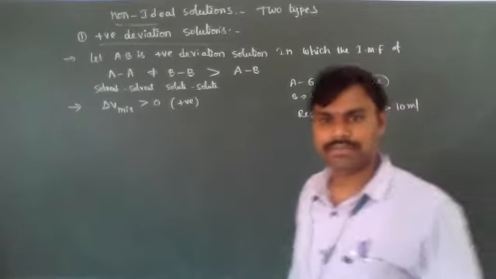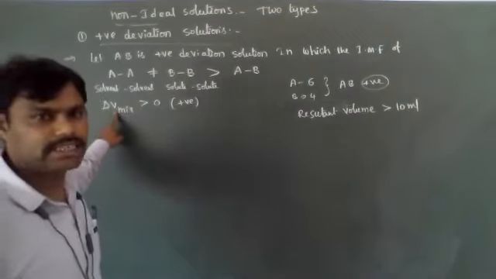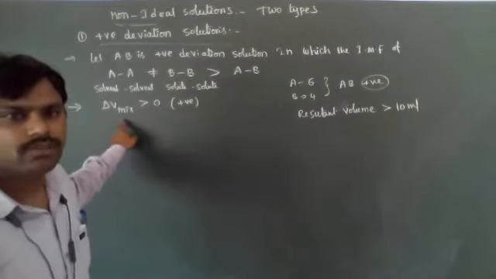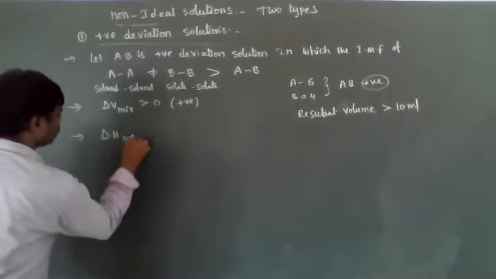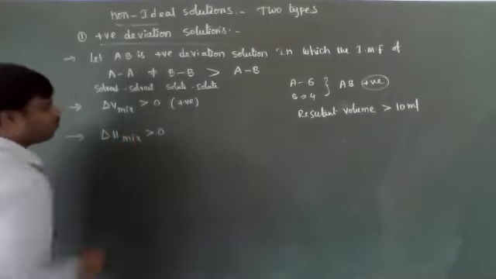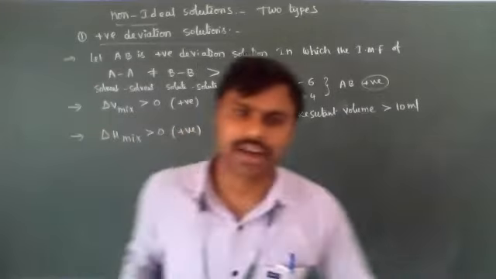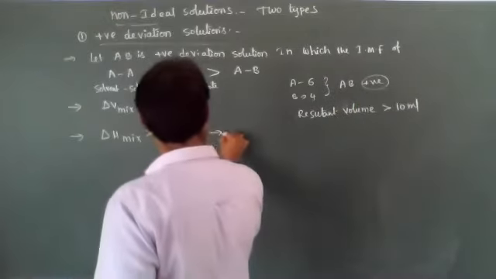That means delta V mixture is positive. Similarly, delta H mixture is also more than 0, positive, which means the dissolution process, or making of the solution, is an endothermic process.